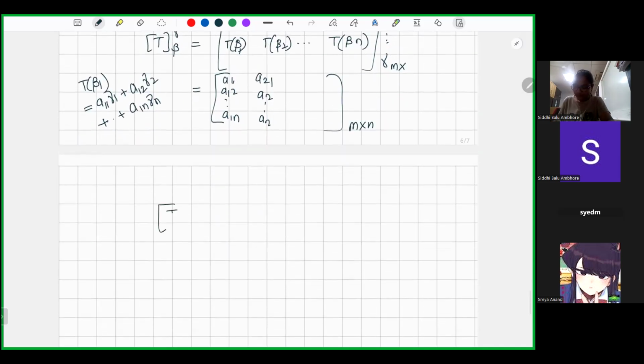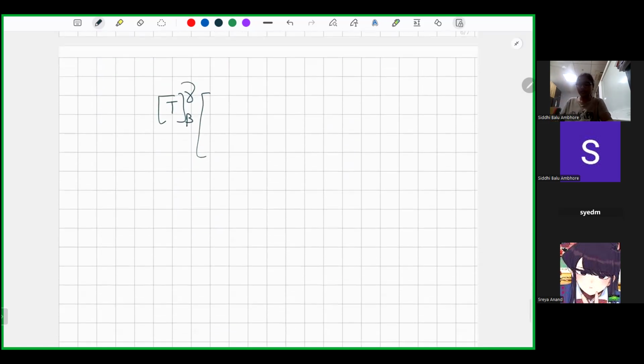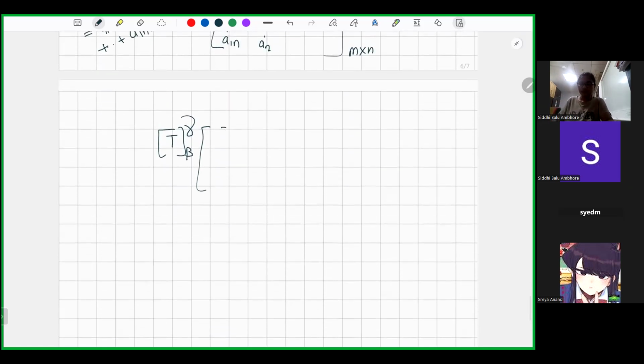So this T from beta to gamma, when I multiply some vector here, a1 to an, it will give me some b1 to bm, right?